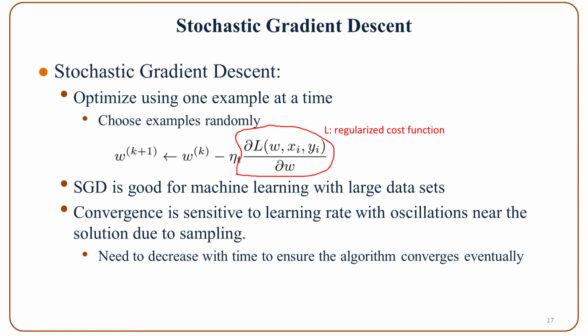This algorithm is good with large data sets. The convergence is sensitive to the learning rate, with oscillations near the solution due to sampling. It's because when we select examples randomly, we select different examples at different times, and when this is very close to the solution, it may affect the convergence. So we may need to decrease the learning rate with time to ensure the algorithm converges eventually.